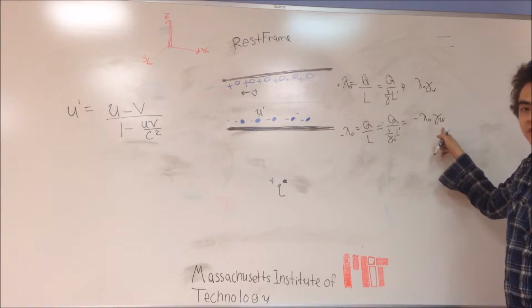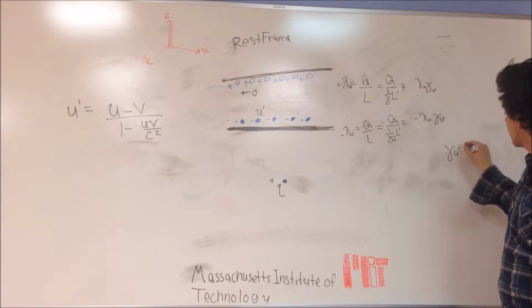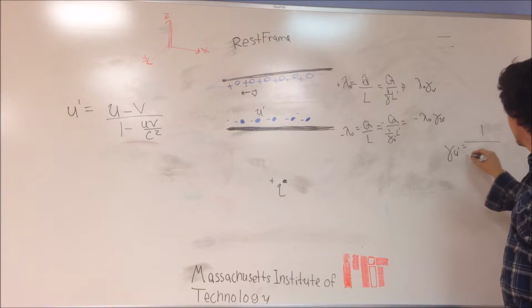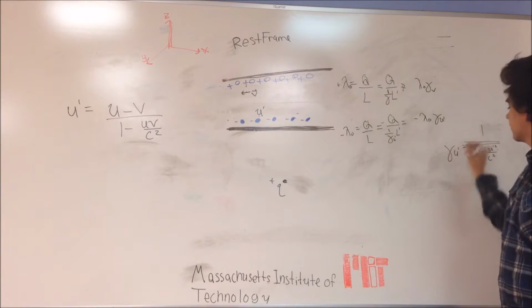Now this u prime turns out to be quite complicated, because gamma u prime is equal to 1 over the square root of 1 minus u prime over c, squared.